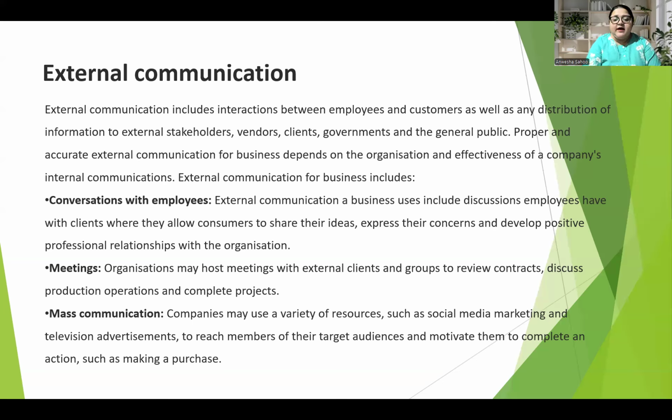The motive of the company is to motivate them about the product or to complete an action, such as the most important action the company wants, which is to make a purchase. That's it. If a customer is making a purchase, the company is earning profit. So that is the first and foremost action the company needs from its consumers.